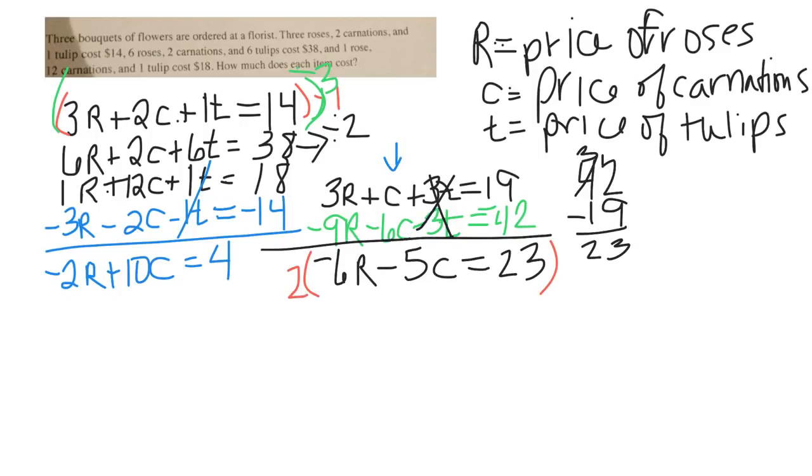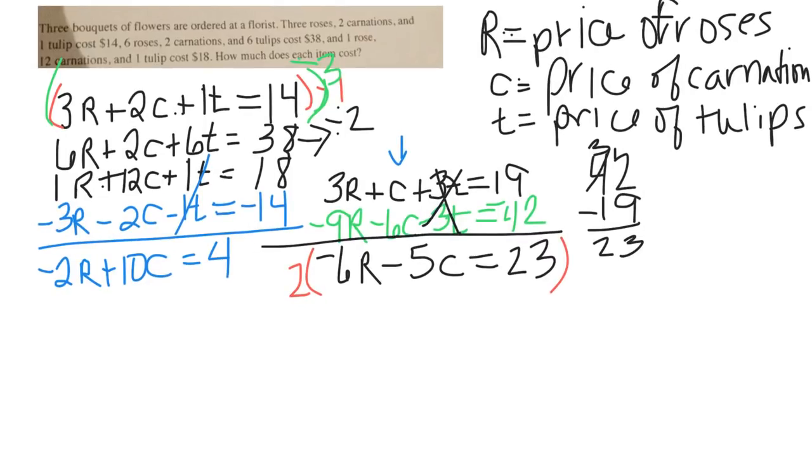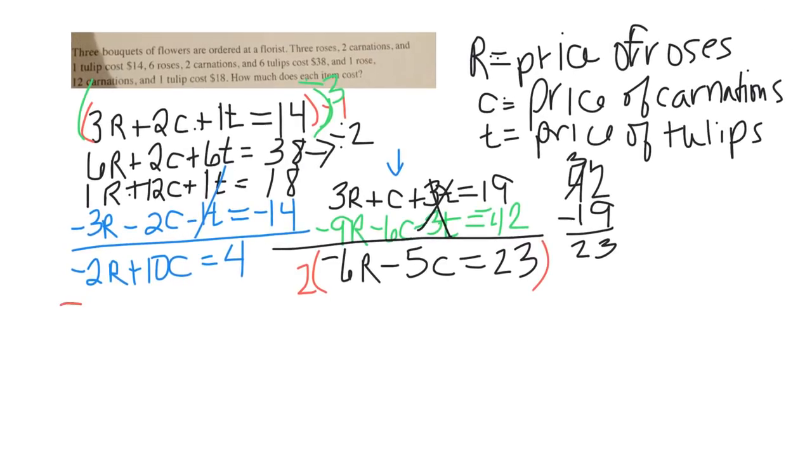Then I can put it together, so I get negative 12r minus 10c equals 46. And those cancel out.